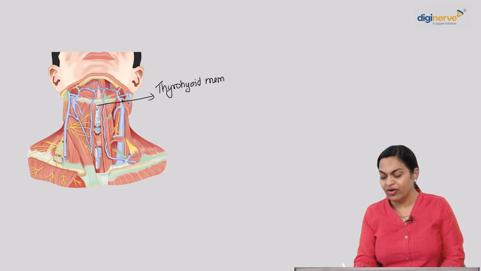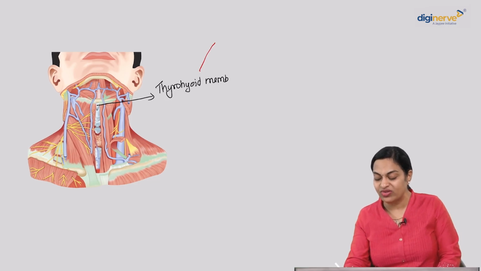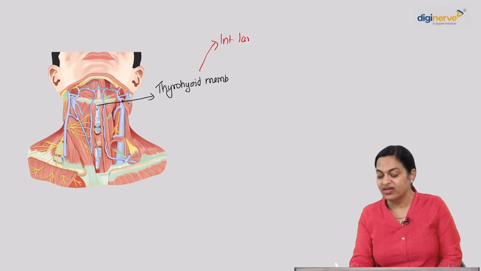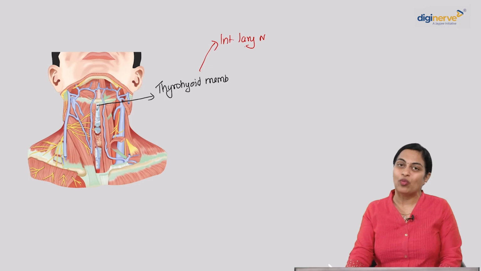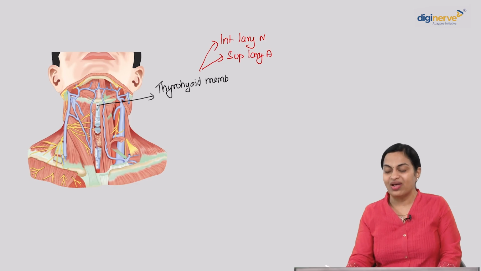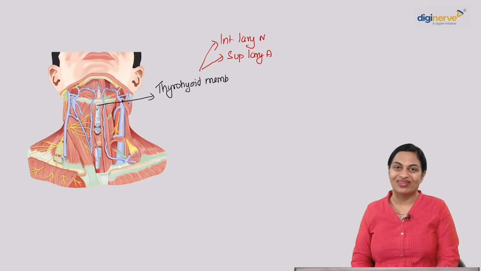This thyrohyoid membrane is pierced by two structures, a nerve and an artery. What are they? The internal laryngeal nerve, a branch of superior laryngeal nerve that comes from vagus, and then the superior laryngeal artery, that's a branch of the superior thyroid artery.